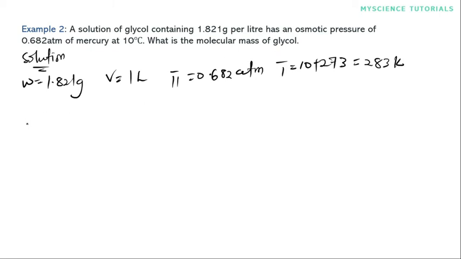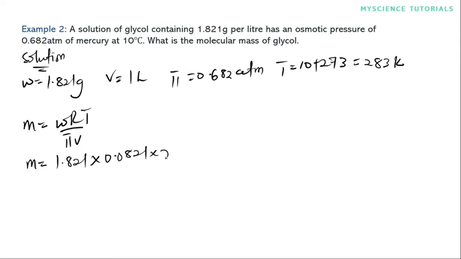So straight ahead, we know the molecular mass will be m equals wRT over pi V. So m is w, which is 1.821, the mass of the solute, multiplied by the constant 0.0821, multiplied by the temperature we found to be 283, divided by the osmotic pressure, 0.682, multiplied by the volume, which is 1.